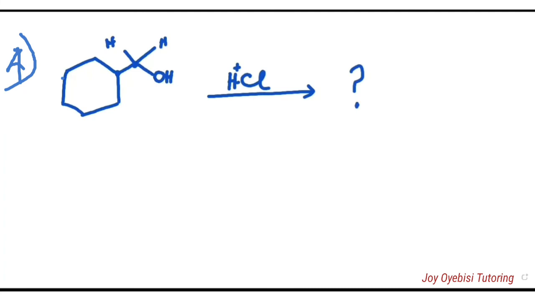I'm going to expand this. So we have the positive end and we have the negative end. So what's going to happen is that this oxygen here is going to pick the hydrogen and this bond breaks, leaving the Cl minus on its own. So that's usually the first step when we're dealing with alcohol.